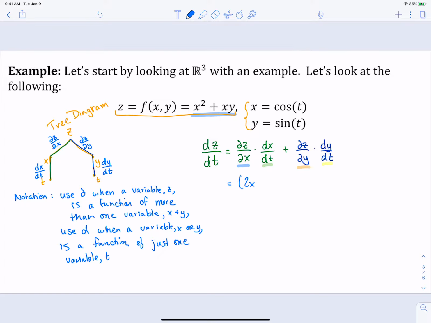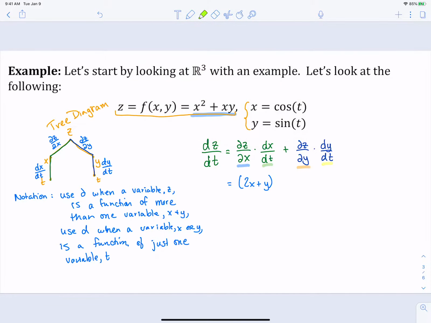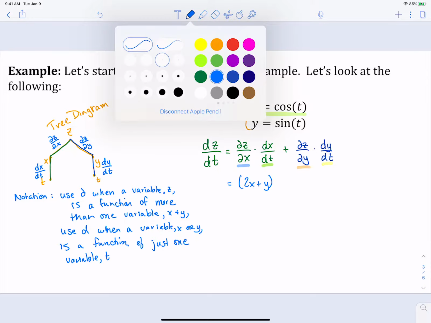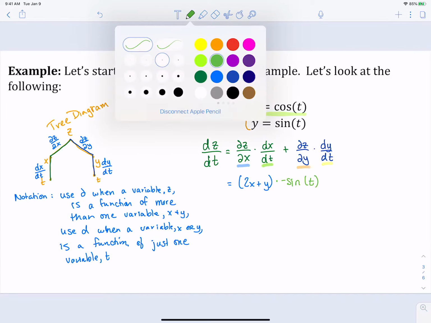So that's going to be 2x plus y. The second part of our multiplication there, our dx dt, that's talking about this function right here. That's saying what's the derivative of that function with respect to t. Let's get green here. And that's going to be negative sine of t.